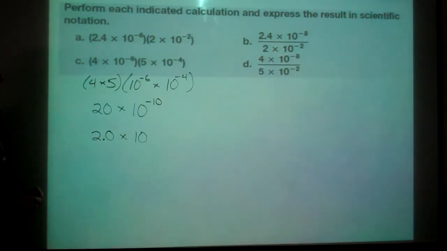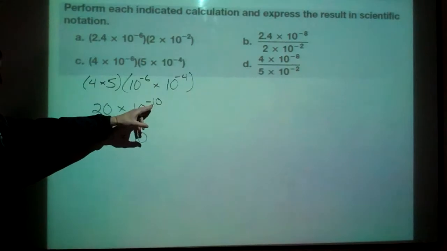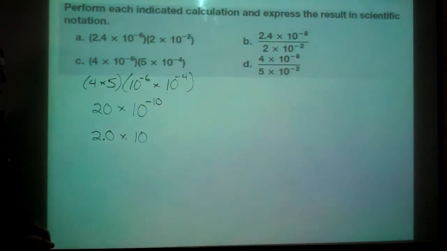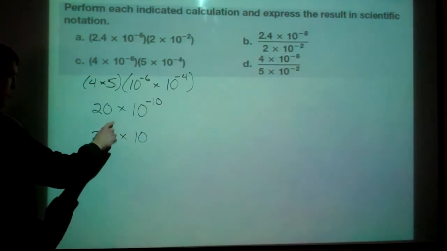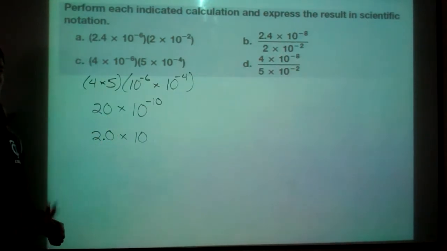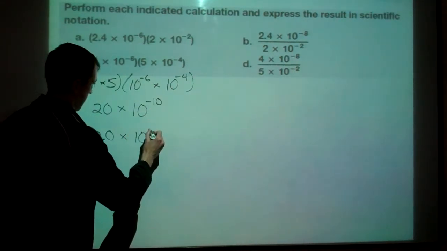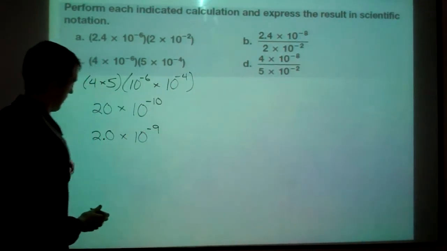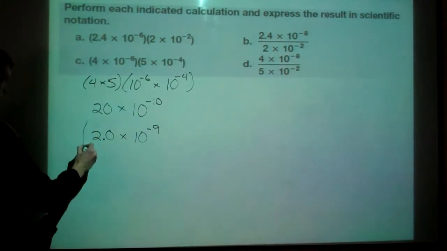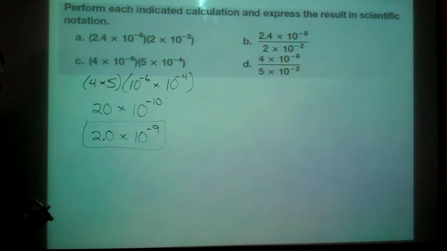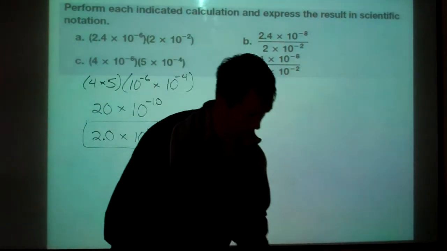So remember, negatives tell us that we're going to move to the left. So we actually moved it already 1 time to the left. So that's 1 less space that we have to go over to the left. So that's going to change this to a negative 9. So our answer would be 2.0 times 10 to the negative 9.